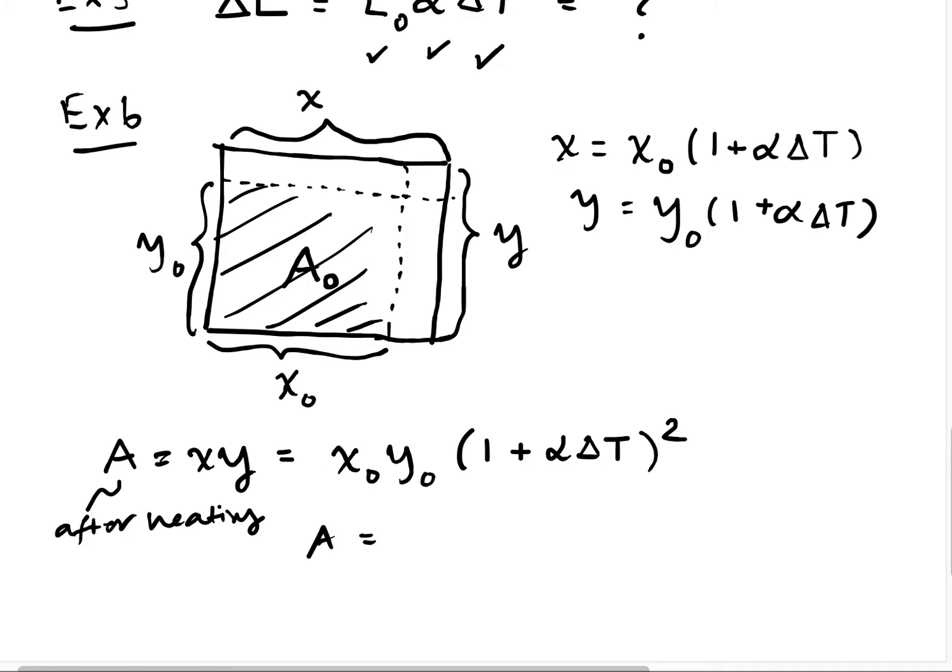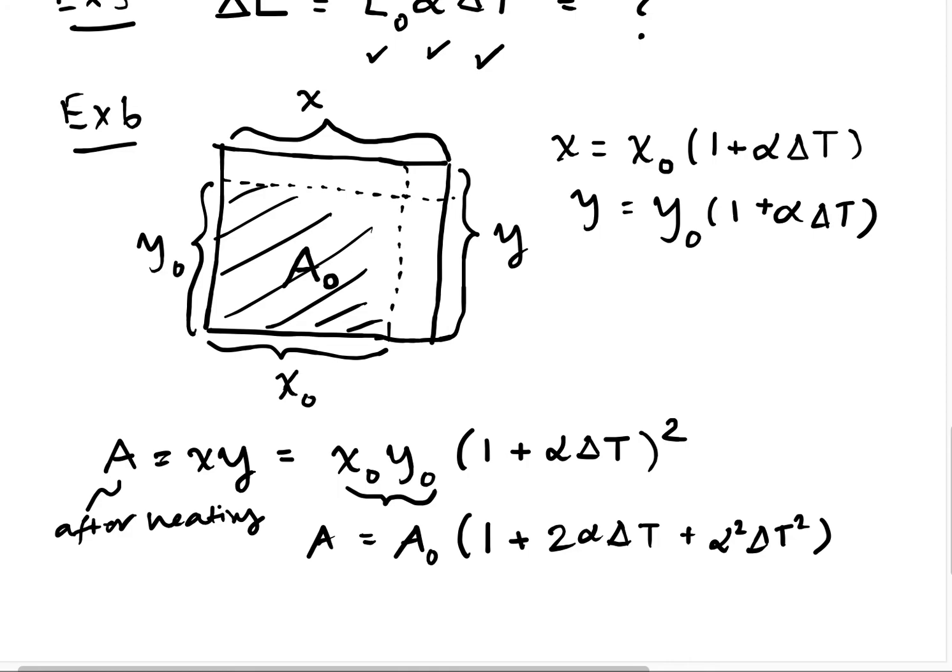So then A equals, x0 y0 is A0, and we expand the square here. So we get 1 plus 2 alpha delta T plus alpha squared delta T squared. Okay?